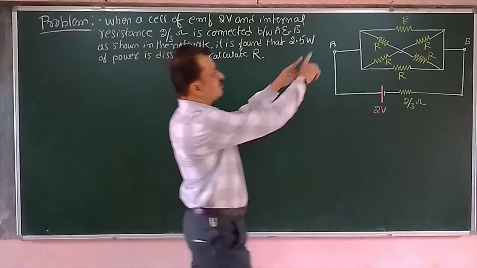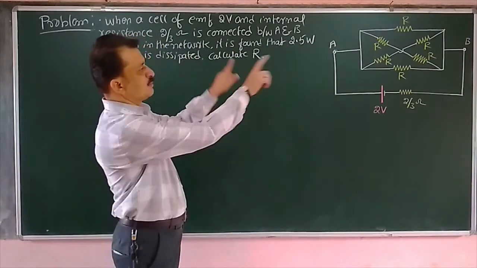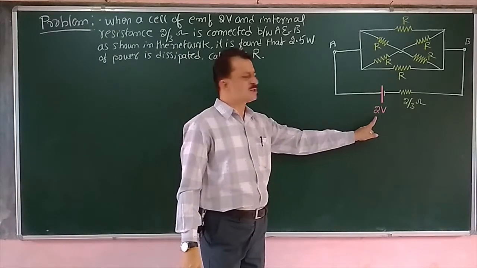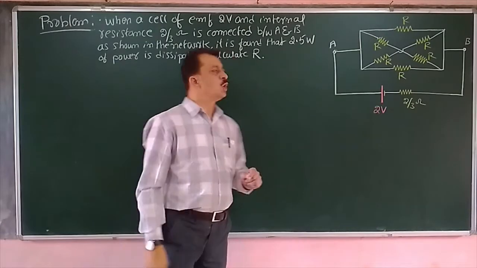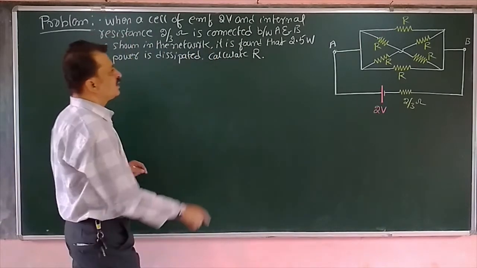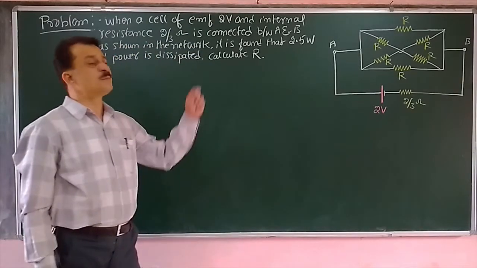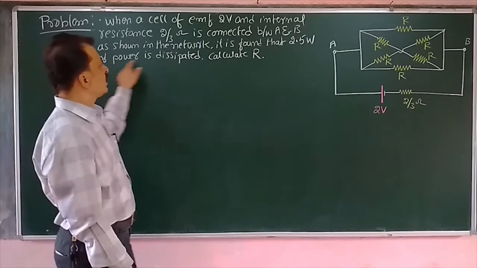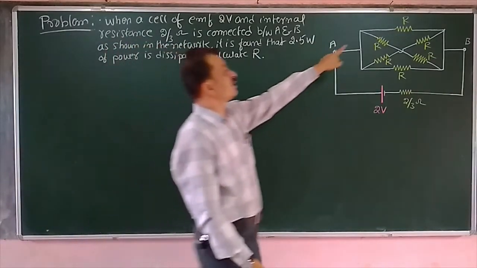They have given a network of 6 resistors across the terminals A and B, across which a battery of EMF 2 volts and internal resistance 2 by 3 ohms is connected. When this is connected, a total power of 2.5 watts is dissipated in the network. If that is the case, then we have to calculate what is the value of each resistor here.